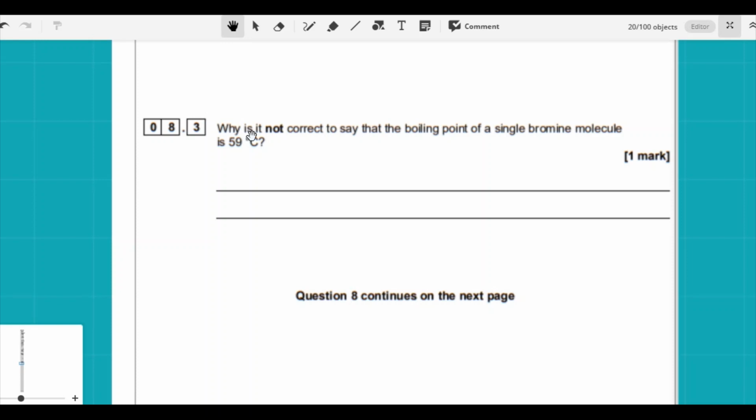Now the next one, why is it not correct to say that the boiling point of the single bromine molecule is at 59 degrees Celsius? Because you know that the boiling point is related to intermolecular forces.